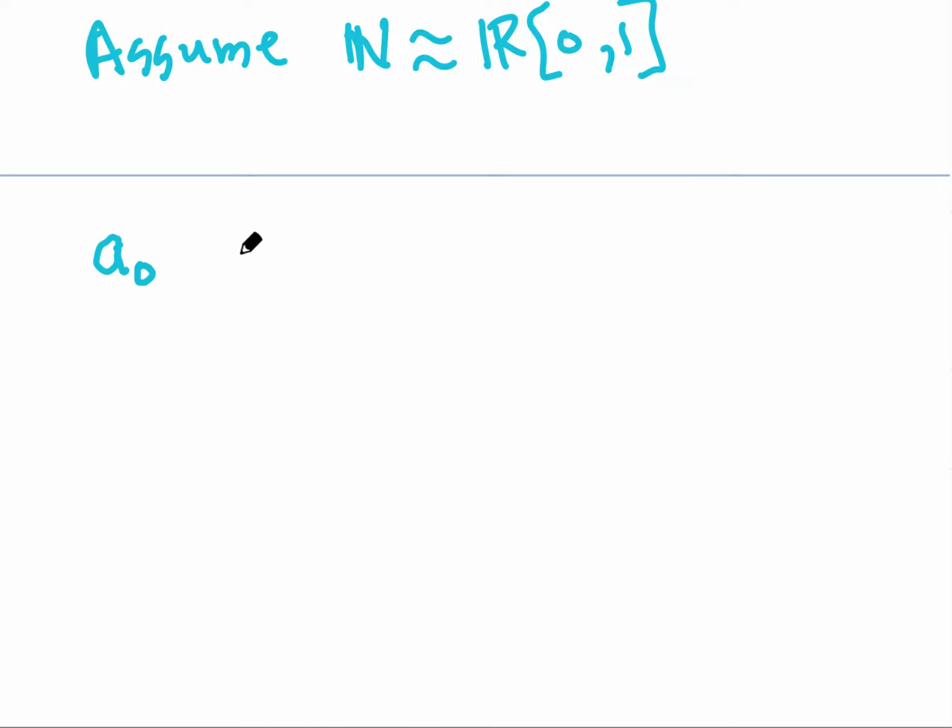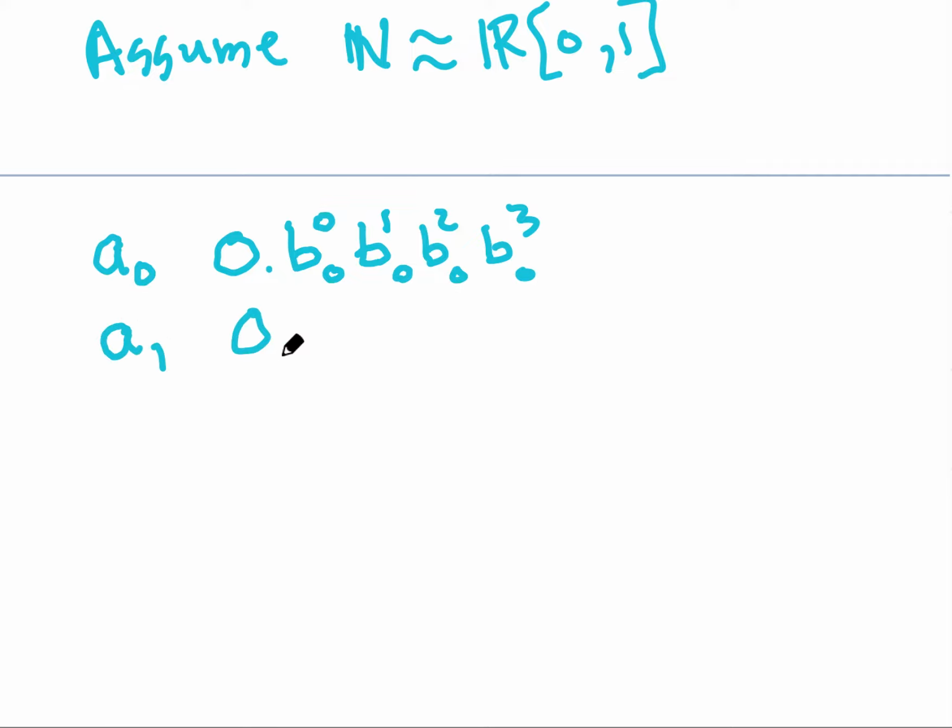So I'm going to write the digits. First one will be 0, and then the next digit will be, I'll write like this, B00, and the next digit will be 0, and the next digit will be like this, and so forth. And then A1, it's going to look like this.